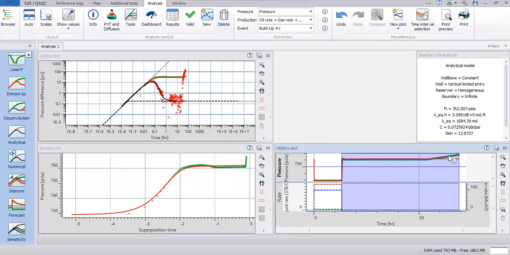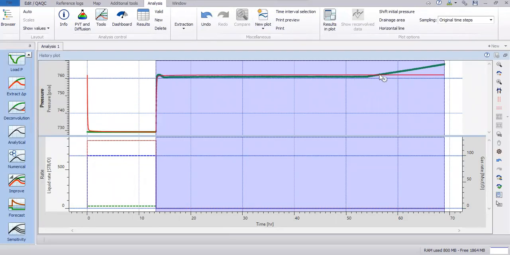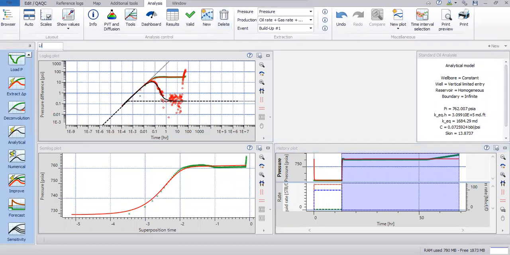Yeah, another thing we can try is deleting this one. It's for limited entry. Let's see if we have other options, but making a vertical model with no limited entry is wrong because in reality it's really a limited entry issue.